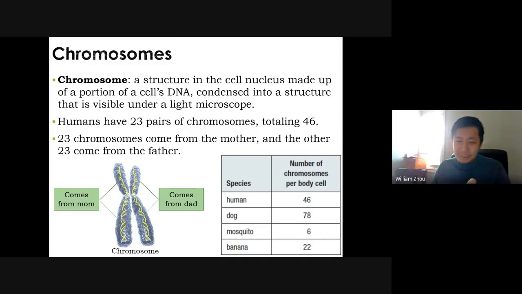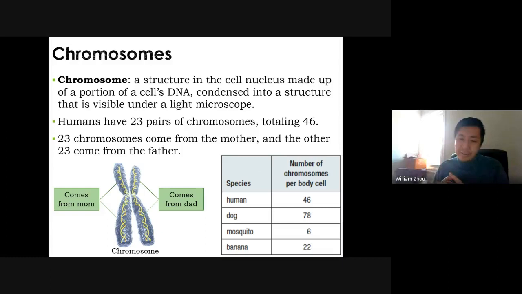So if you're a male, you have sperm. Each sperm has 23. Each egg, if you're female, has 23. So when sperm meets egg, well, guess what? You have 23 pairs. That's when you make a new person. And that person should have 46. So that's why 23 comes from dad, 23 comes from mom to make 46.